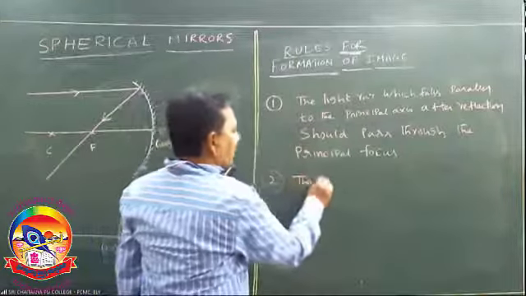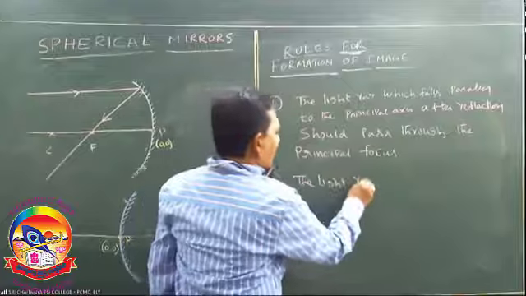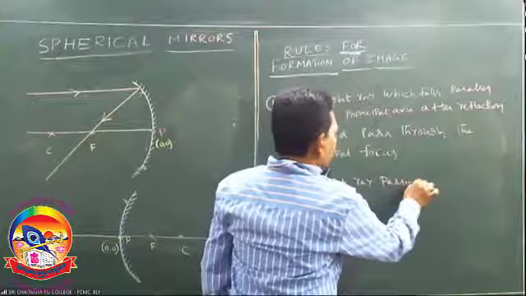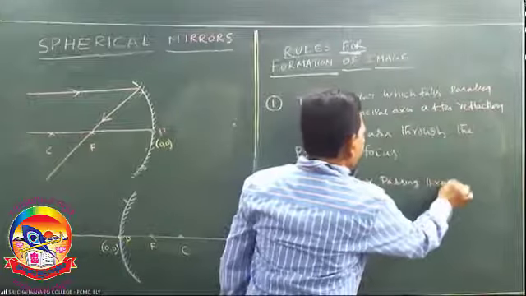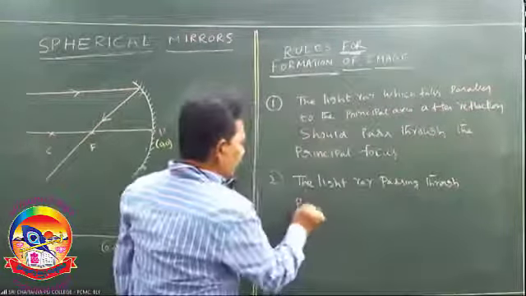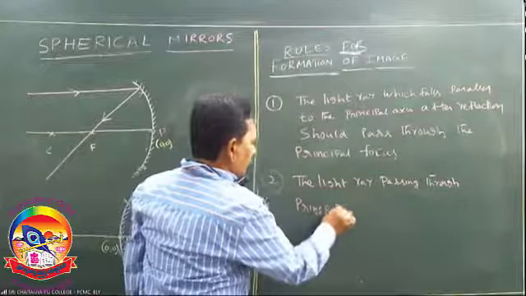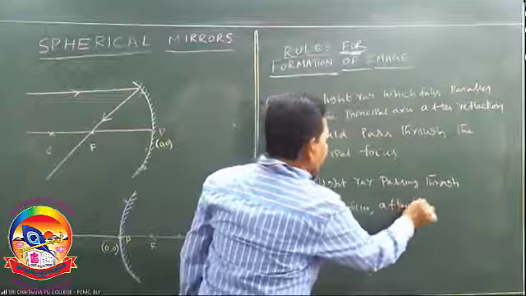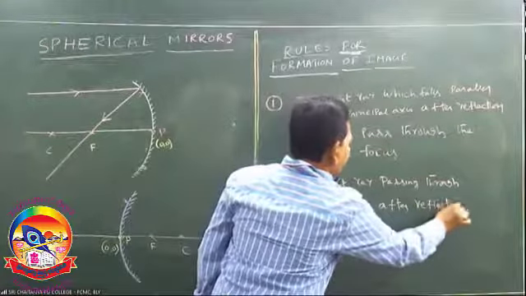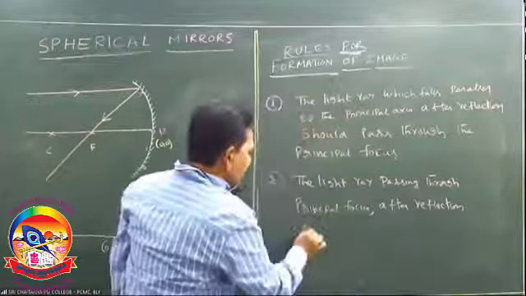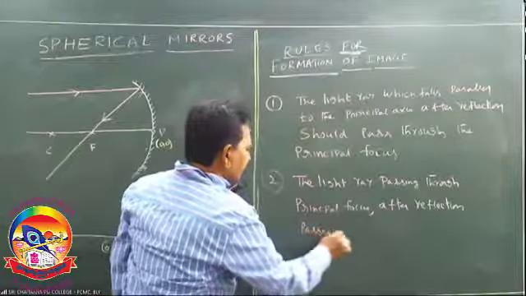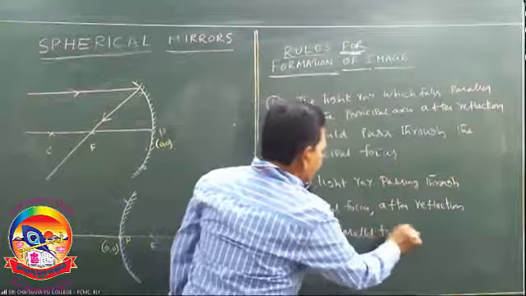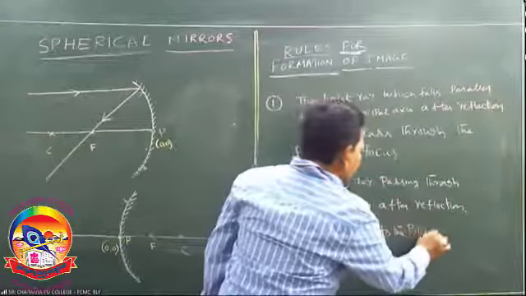The light ray passing through the principal focus, after reflection passes parallel to the principal axis.